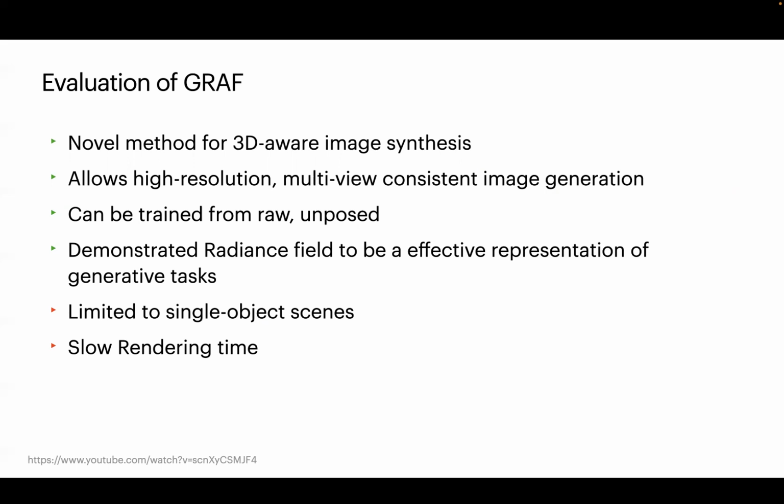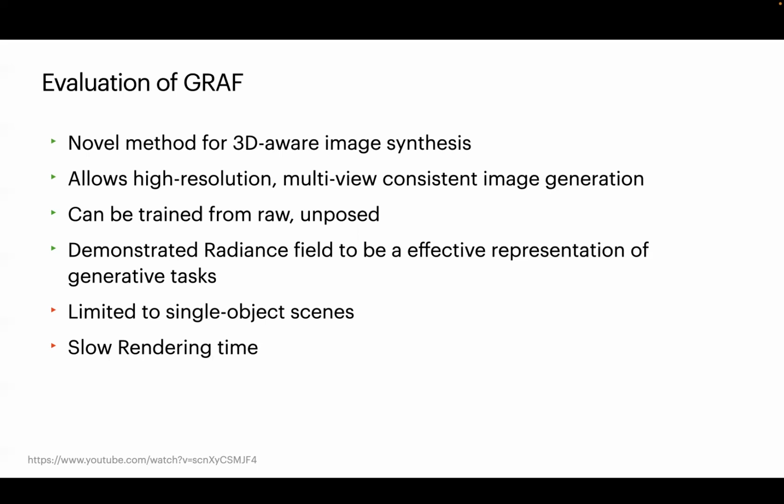It also demonstrates that a radiance field, like the vector representation we will talk about, can be a very effective representation for a generative task. In other words, for a generative task, if you give the model 3D awareness, it can effectively generate more results, like more static 3D views, or different angles of 2D images of a car. But it also has limitations.